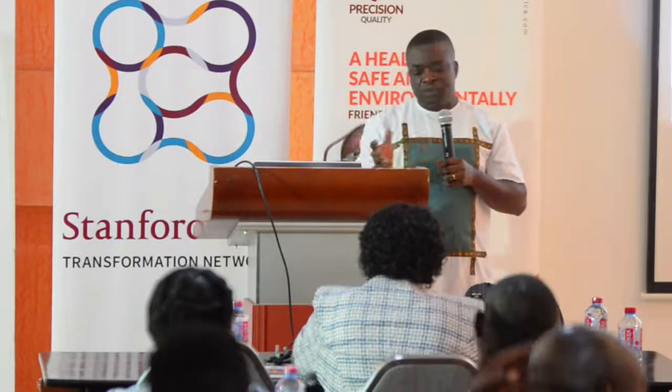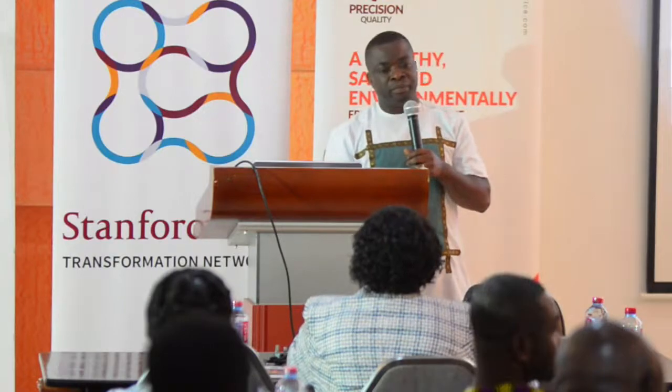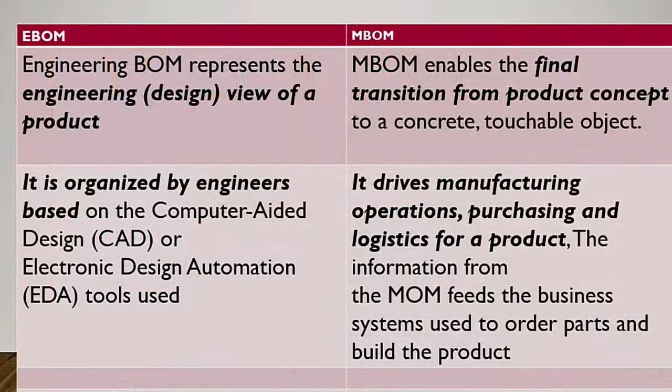We are trying to compare the two. So EBOM more or less is for engineering design, whereas MBOM is the transition from final product to enable you produce and sell.